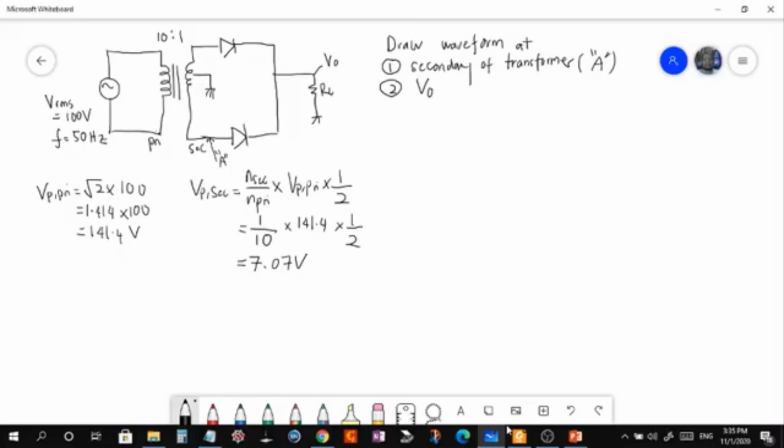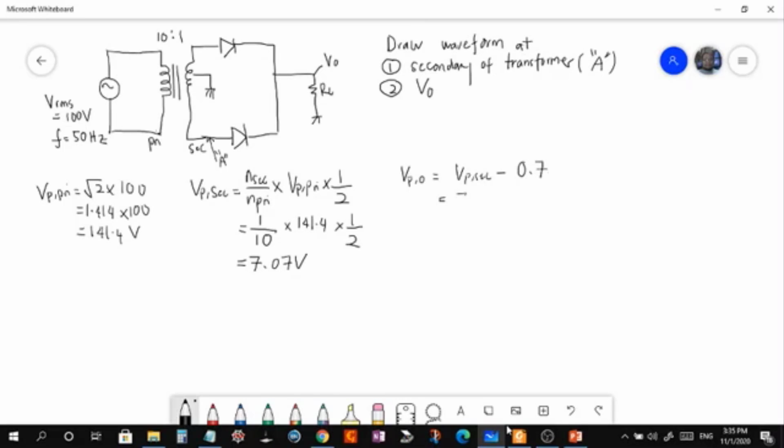For the second part, for the output voltage, you need to calculate the V peak output. The V peak output is equal to V peak secondary minus 0.7.